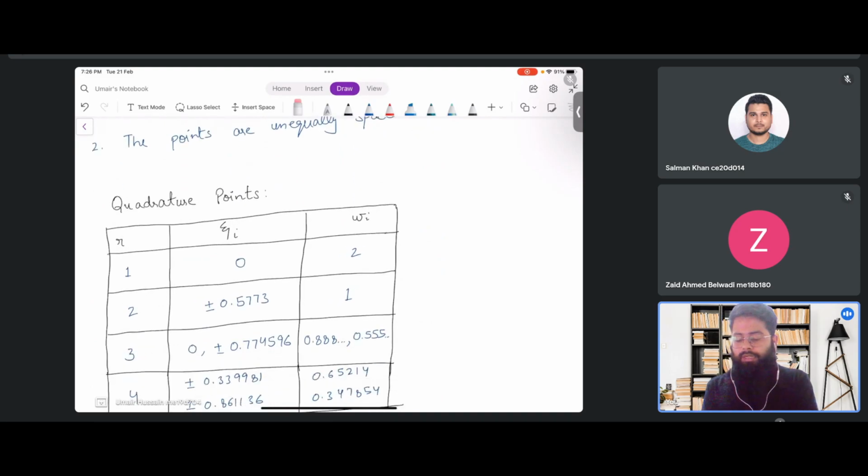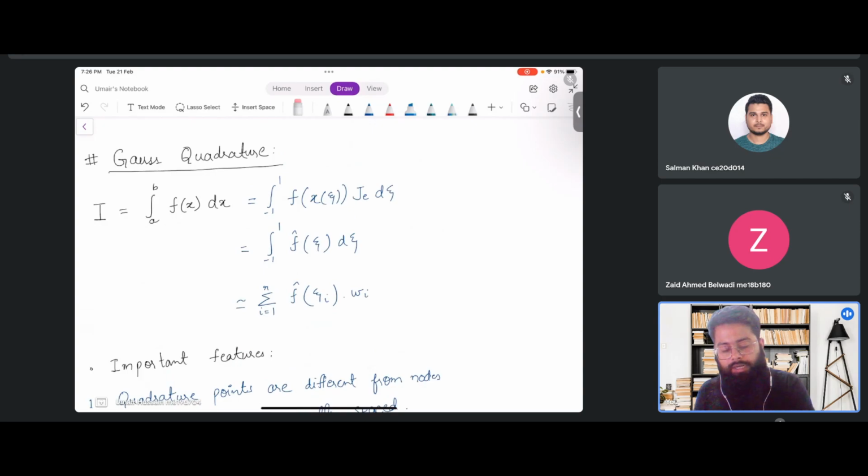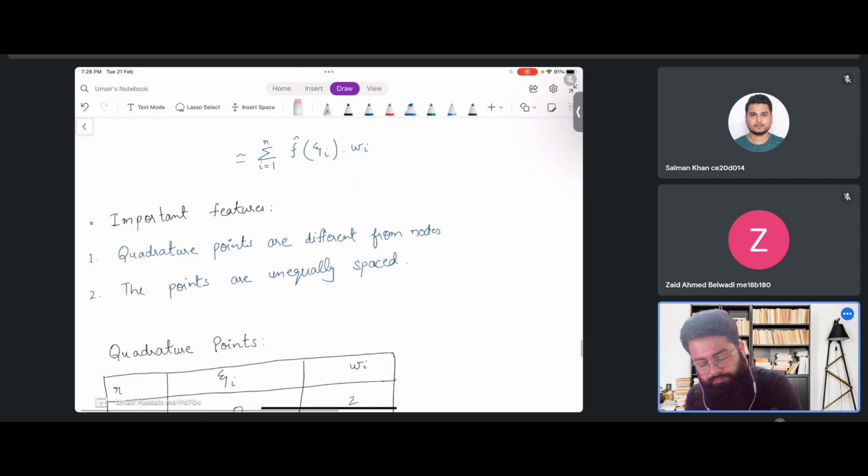We can calculate the integral using one point, which would be 0. By the way, one important thing is that the Gauss quadrature formula is used between the integral limits of -1 to 1. This is a must. Let's add it here.